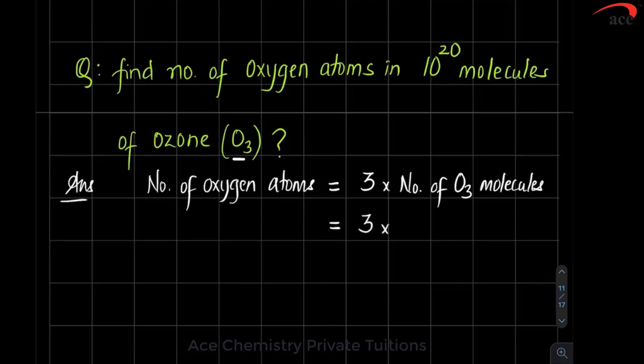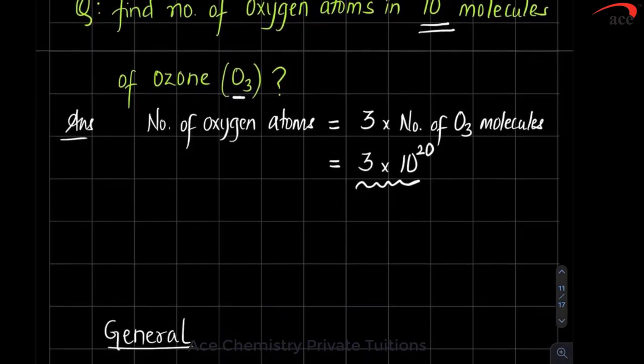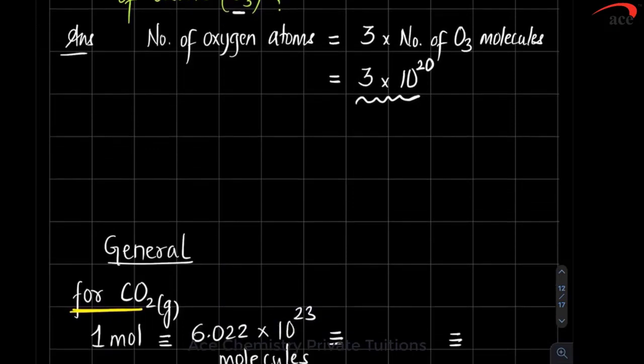Atomicity is 3 and the number of ozone molecules is given as 10^20. So the answer is 3 into 10^20. That is the formula.